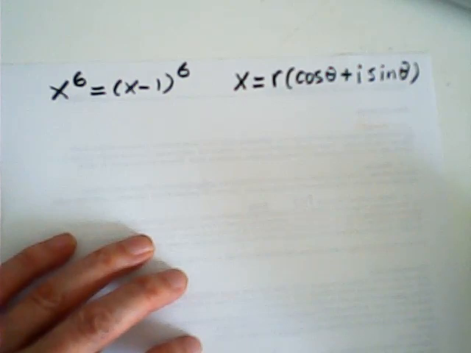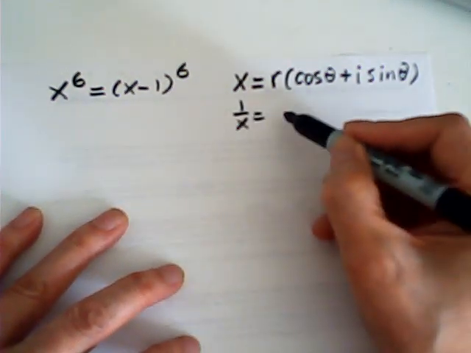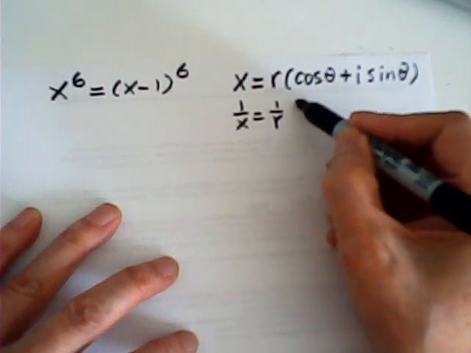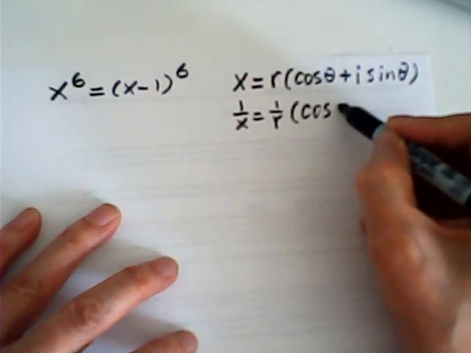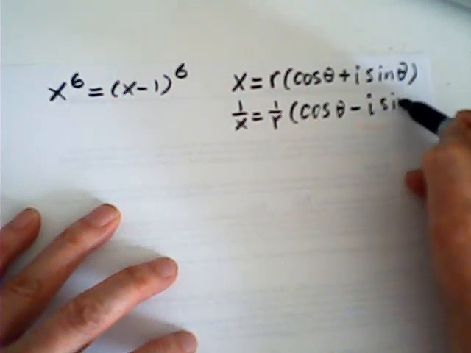Then 1 over x is equal to 1 over r times cosine theta minus i sine theta.